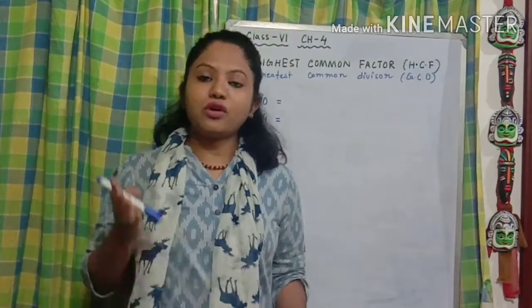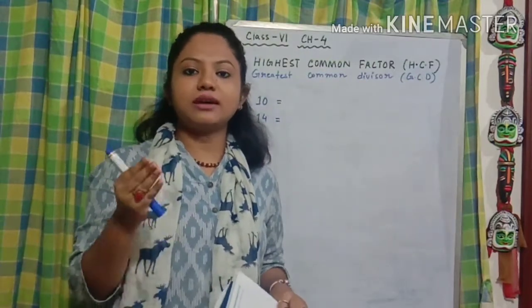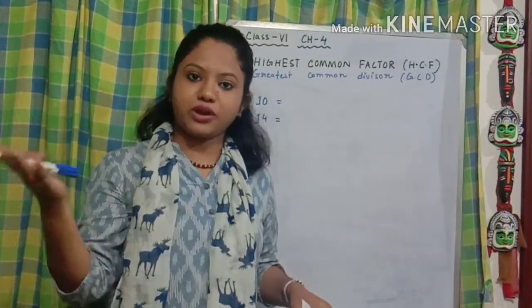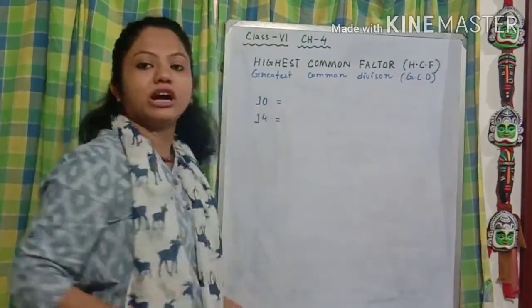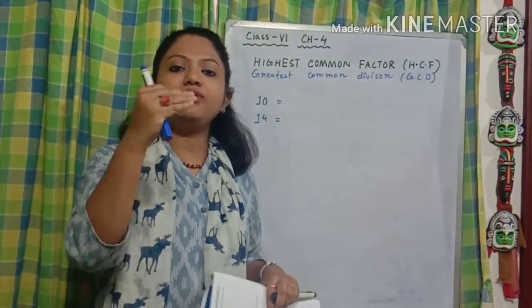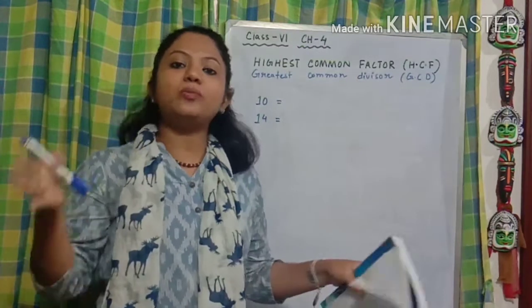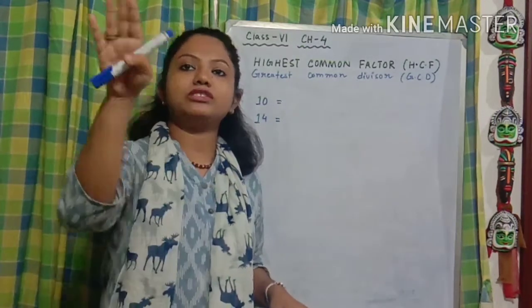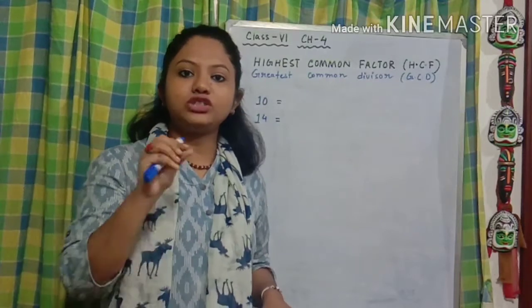Now first of all, for HCF, we have already seen that we always tally two different natural numbers, right? Say 10 and 14 I have taken out here. Suppose two persons are standing side by side. When I say just find the common between them, what do you find out?